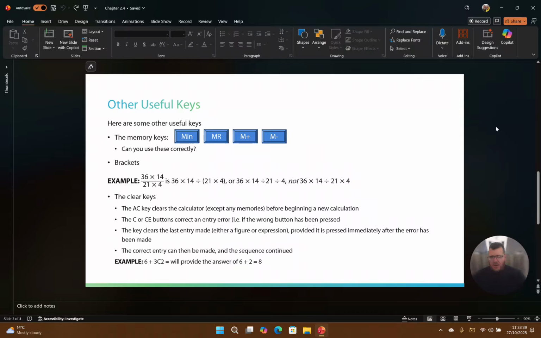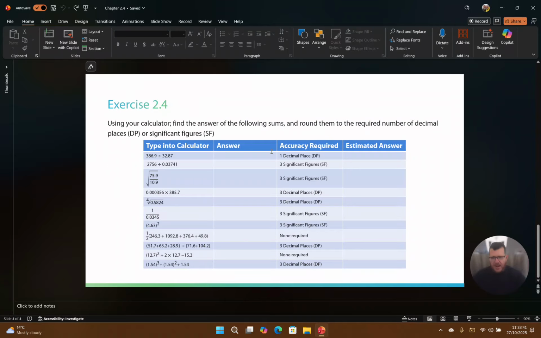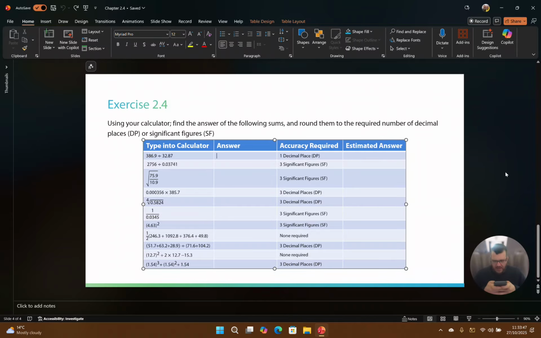So the next thing we want to look at in this case will be the exercise. Let's start with the following. What I'll do is put this into a calculator. 386.9 divided by 32.87. That's the answer I've got.